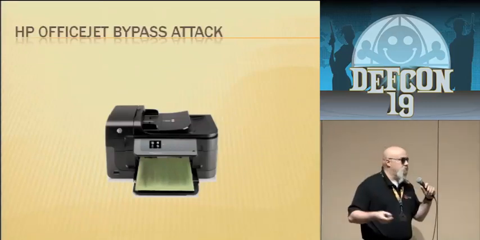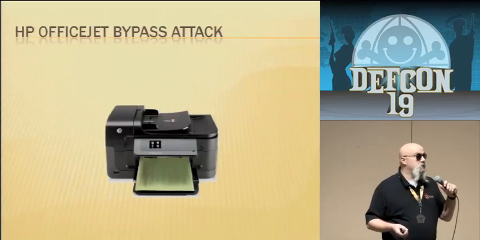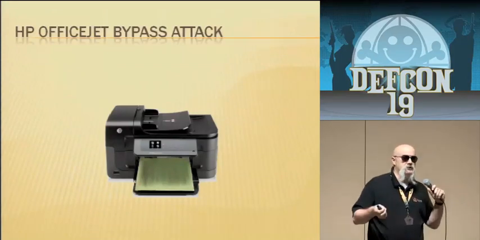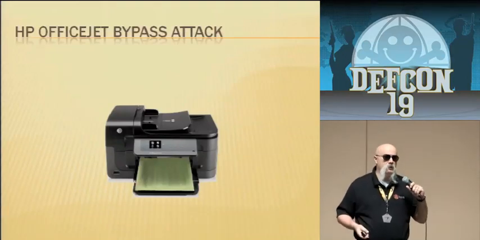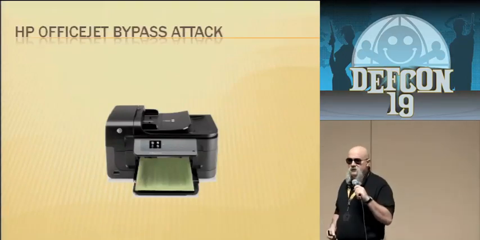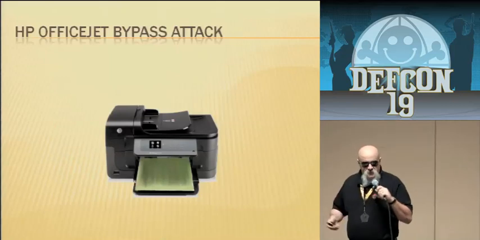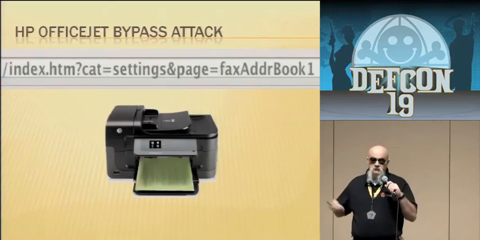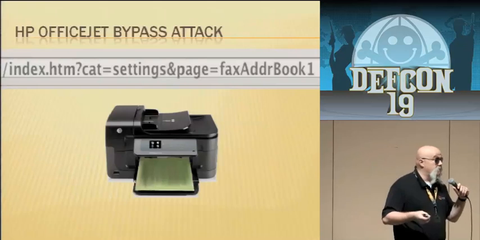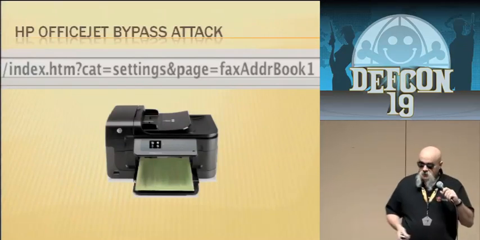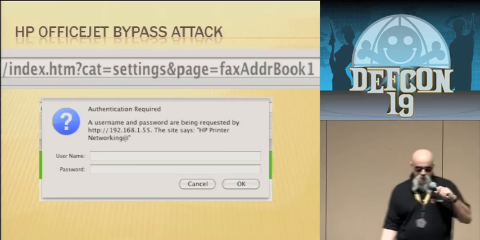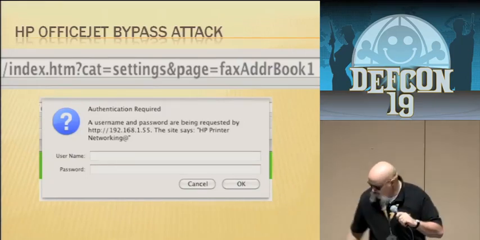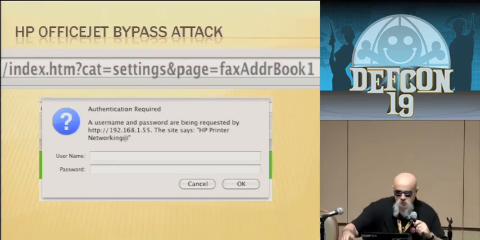They're small devices, less than a couple hundred dollars, and we find them being used in managers' offices so they don't have to walk down the hallway to get their print job or do little copies and scan stuff, and they're cheap. So if you actually try to get to a fax address book on one of these devices and authentication has been enabled, it's going to prompt you to log on. So we have a little demo where we can actually show this taking place.